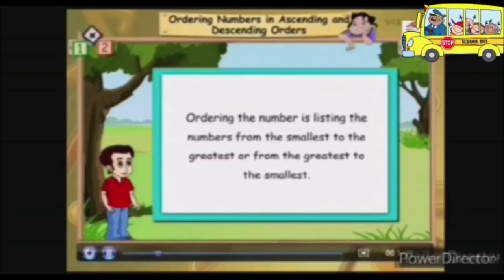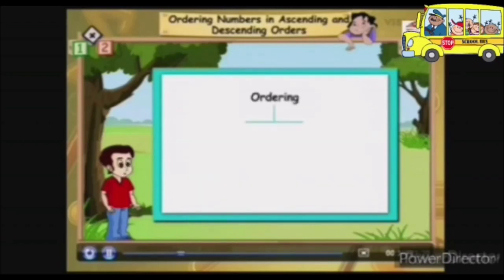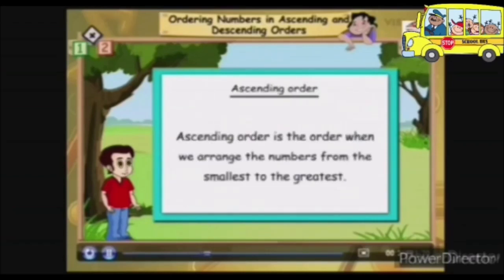Let's see, ordering the numbers is listing the numbers from the smallest to the greatest or from the greatest to the smallest. Ordering can be done in 2 ways, ascending order and descending order. Let us study them one by one. Ascending order.